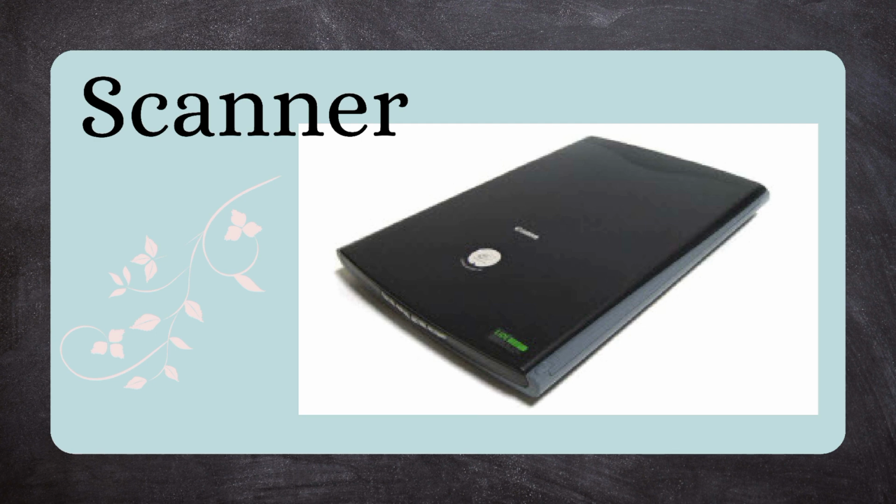Scanners come in various types, including flatbed, sheet-fed, and handheld, each designed for specific scanning needs. They are widely used in offices and homes for digitizing photographs, important documents, and barcodes, facilitating easier storage, editing, and sharing of information in a digital environment.